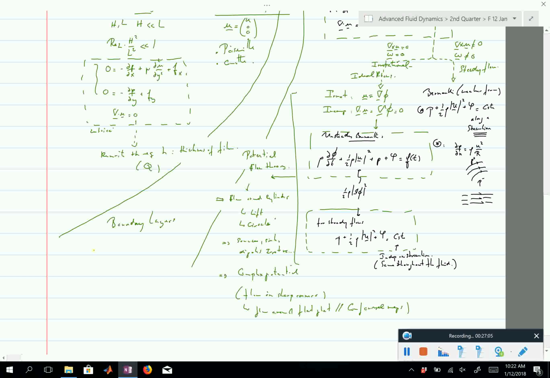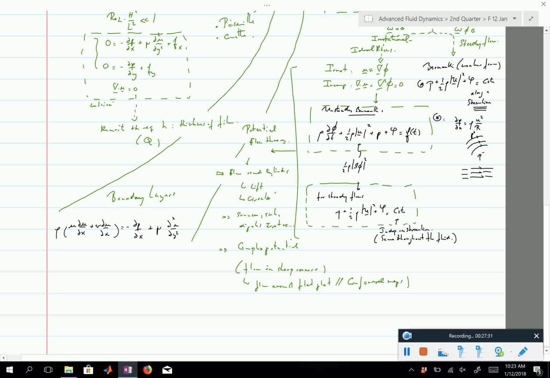Again, now my wall is in the y equals 0 plane, so the flow is in the x direction. Then you have your inertial term times rho equals minus dp/dx plus mu times the second partial of u with respect to y, and in the y direction we just had that minus dp/dy was equal to 0.